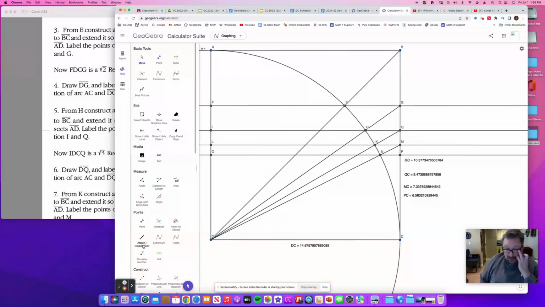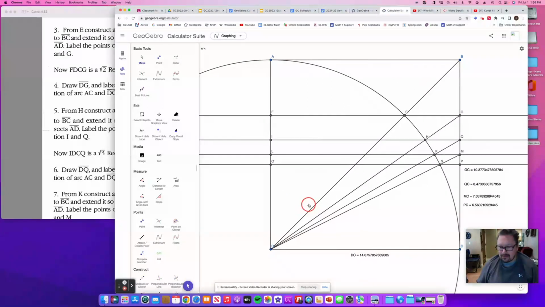Okay, so we have these all ready to go. And now we just need to write our measurements, or the calculations, in here.